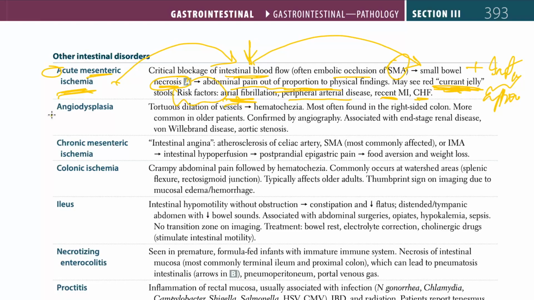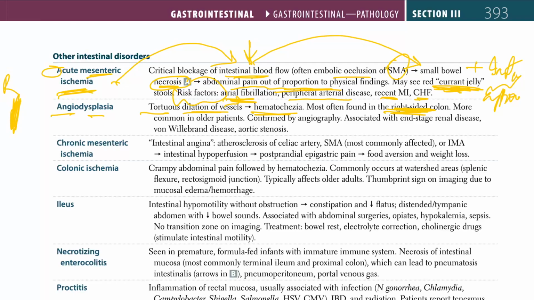Then you have angiodysplasia. Angiodysplasia is a tortuous dilation of the vessels, which leads to hematochezia. Most often found in the right-sided colon. Very important, right? So right-sided colon, this is going to be angiodysplasia.